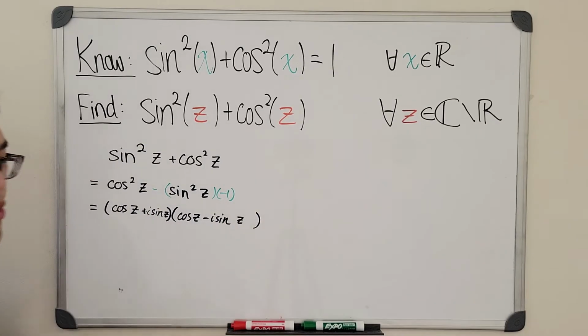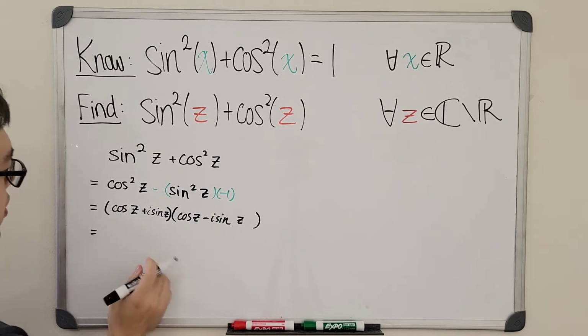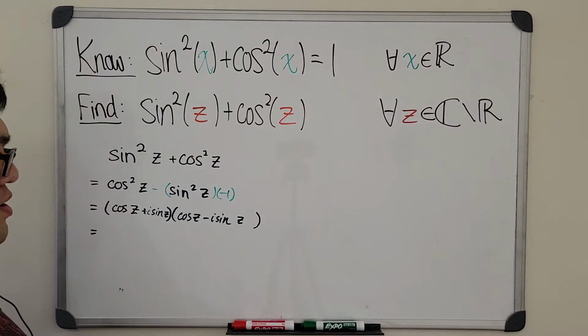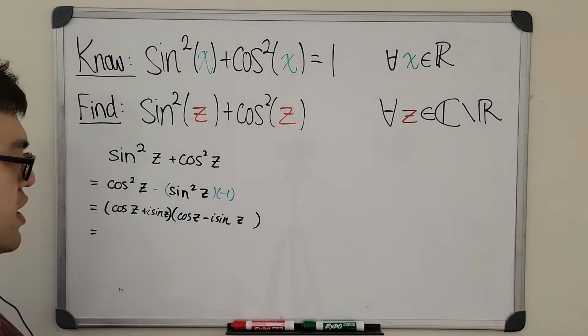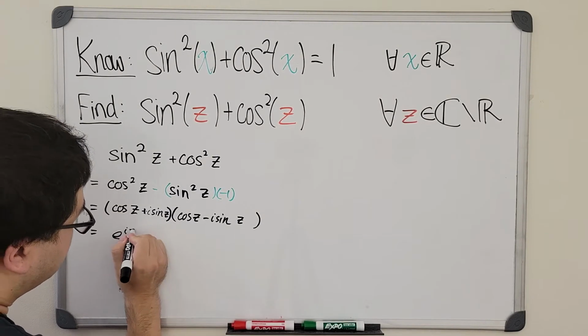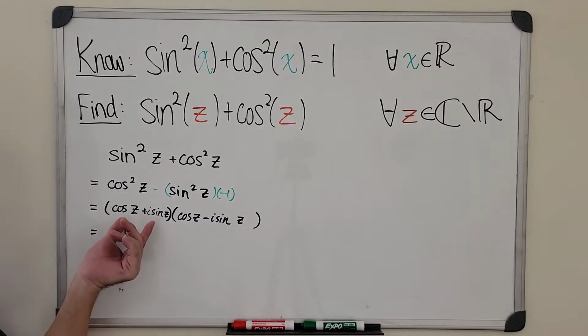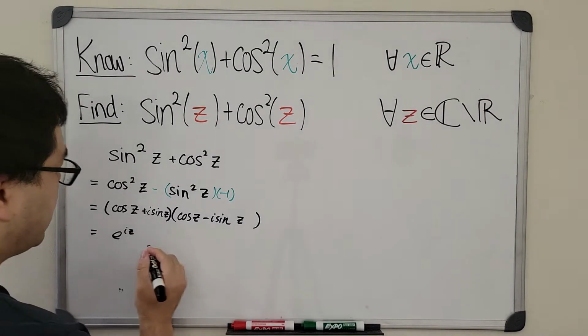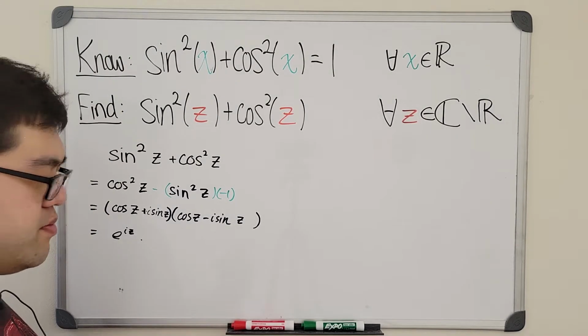of z. Good. So if we look at the first part, using Euler's identity, we can just rewrite this as e to the i z, where z is again the angle that we have here. For the second one, we are going to use a little trick.